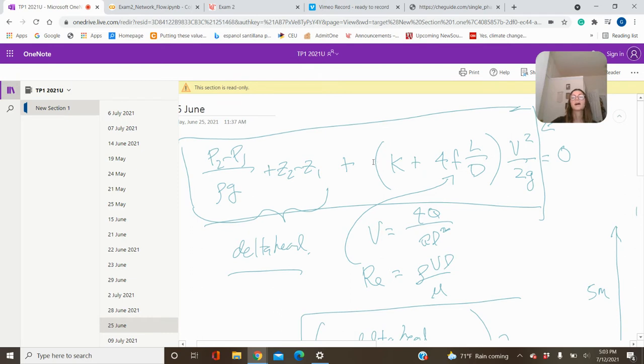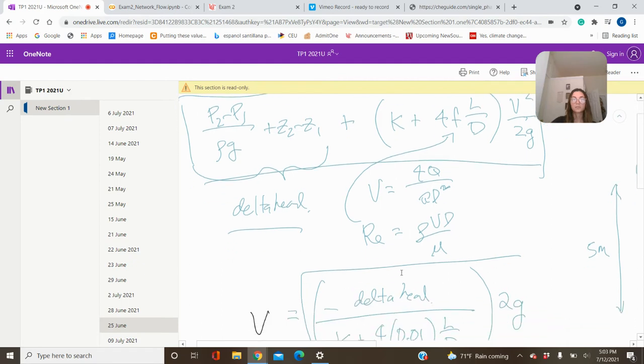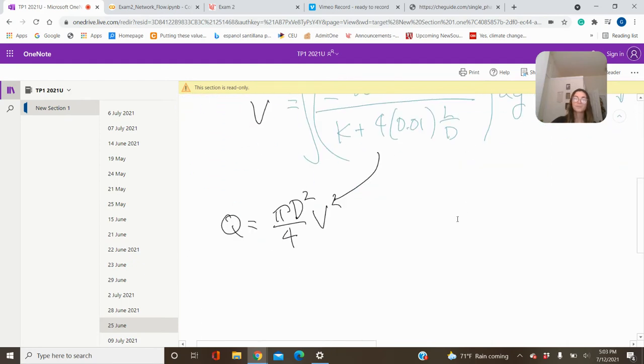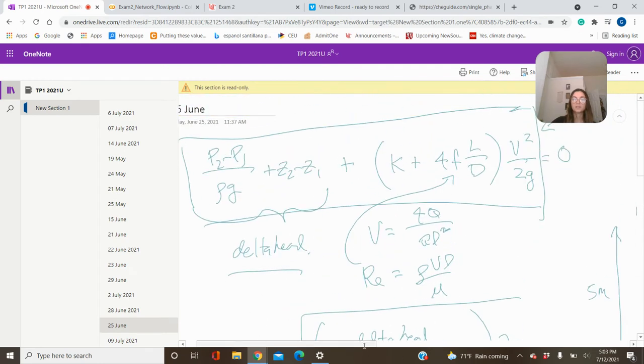And then we added in our friction factor formula and set that equal to our Bernoulli's equation. Then we have our formulas for our volume and our Reynolds number, and we'll get to that one later.